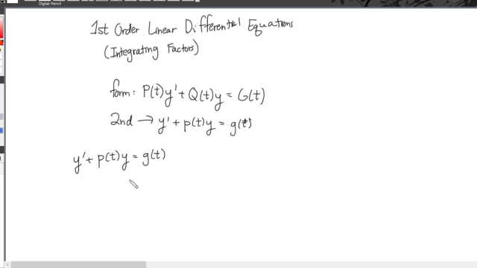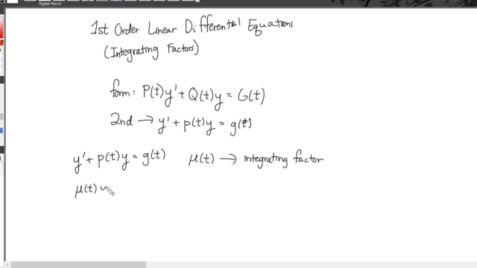And basically, as I said in the previous example, the integrating factor should be such that if you multiply it to the whole equation, the left side of the equation would be a product rule differentiation. And the integrating factor, the symbol for that is mu of t. So this is the integrating factor.